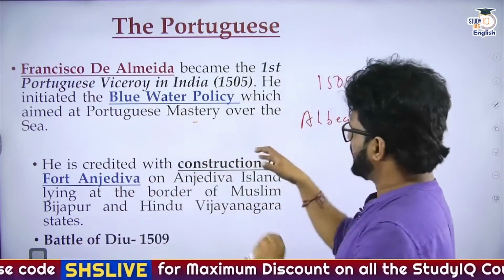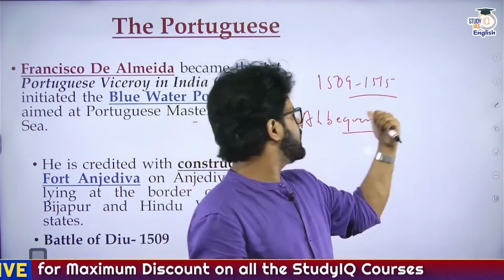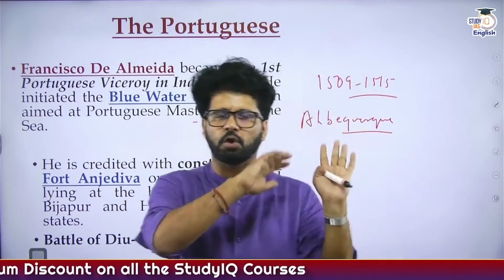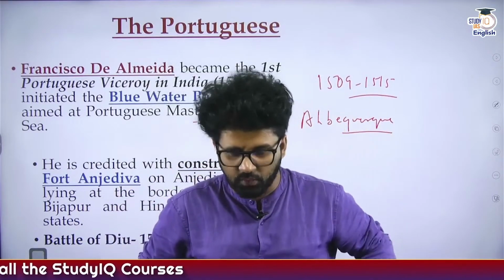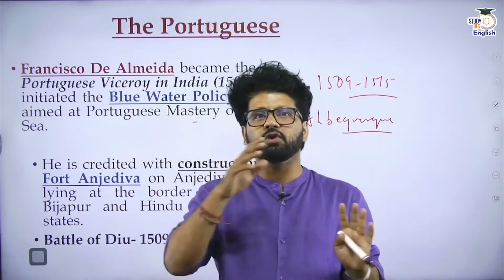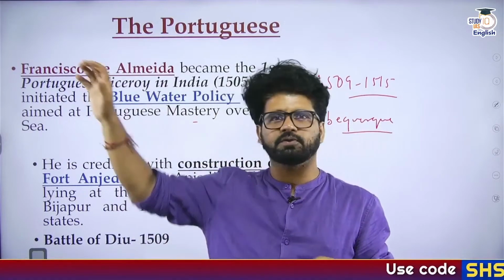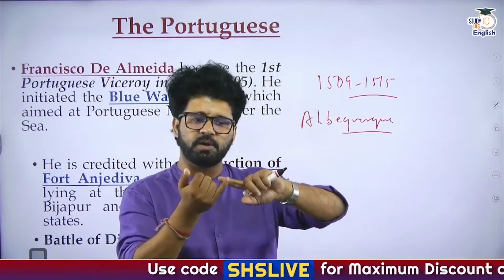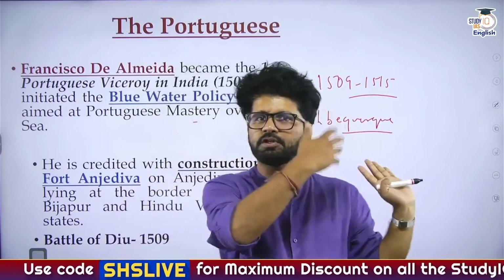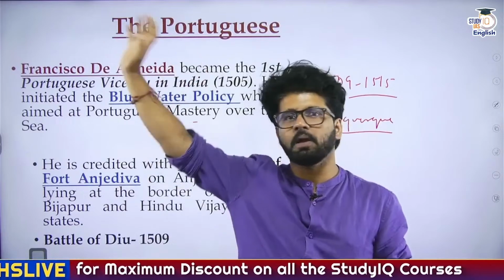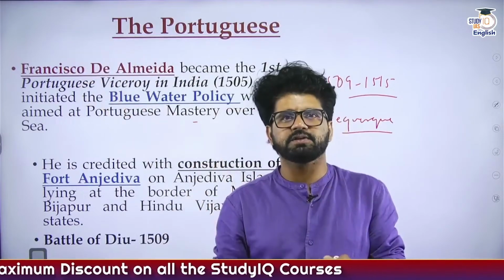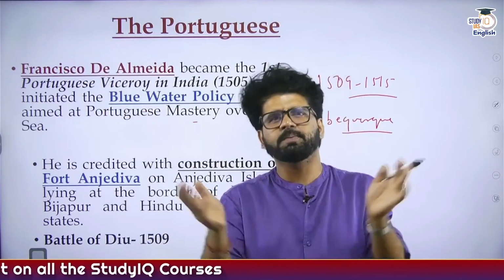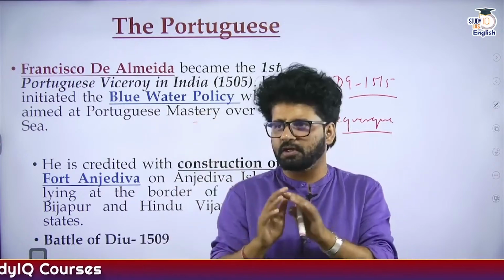But the capturing of Goa will be done by Albuquerque. And then in 1515, not only Goa, he will capture a portion of Malaysia, Malacca. So he will establish Portuguese supremacy over the Indian western coast, then Malaysia, Malacca, all these regions. And he's expanding Christianity, he's keeping a tab on the expansion of Islam.